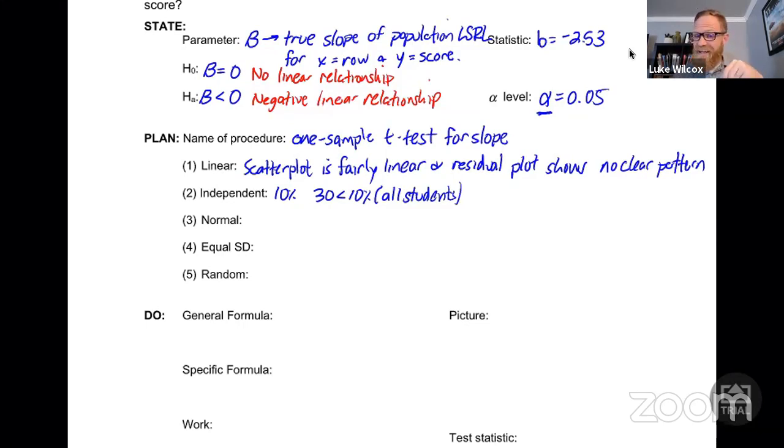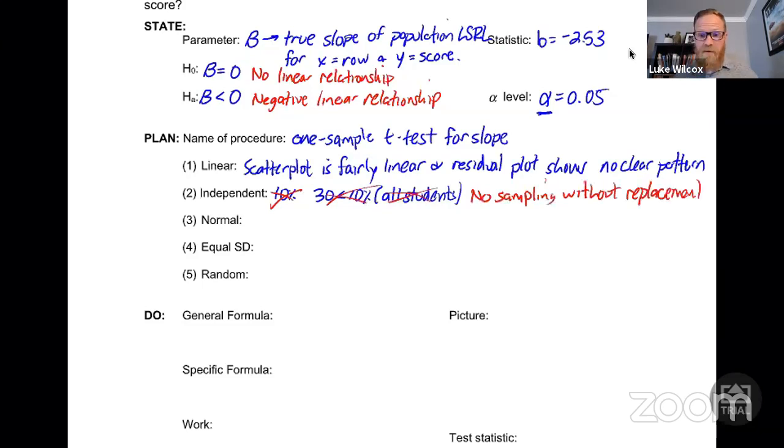And in this context, are we sampling without replacement? No, this was a problem that dealt with random assignment, not a random sample, okay? So we don't have a random sample here, which means we are not sampling without replacement, which means we do not check the 10% condition here because there is no sampling without replacement.